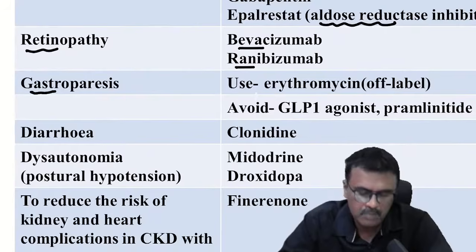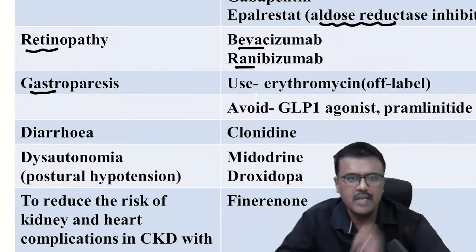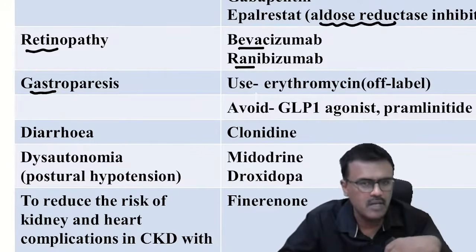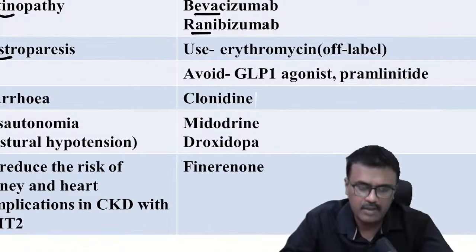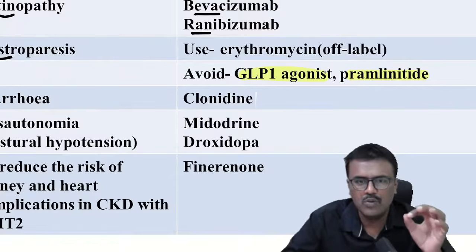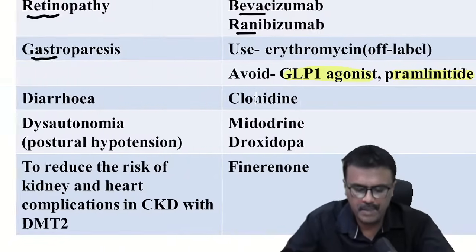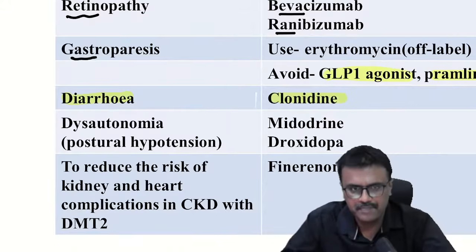If patient develops gastroparesis, we use erythromycin. It's not officially approved, it is off-label because erythromycin stimulates motilin receptor in the gut. If a diabetic patient has gastroparesis, don't give GLP-1 agonist and pramlintide because they slow gastric emptying. If a diabetic patient develops diarrhea, clonidine can help.